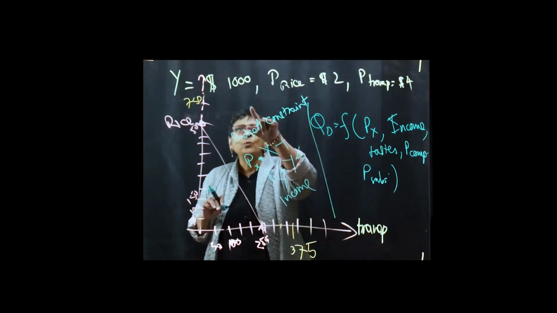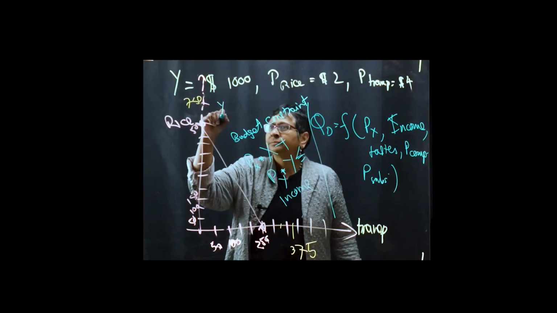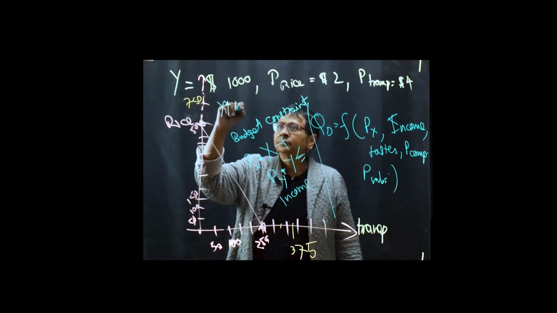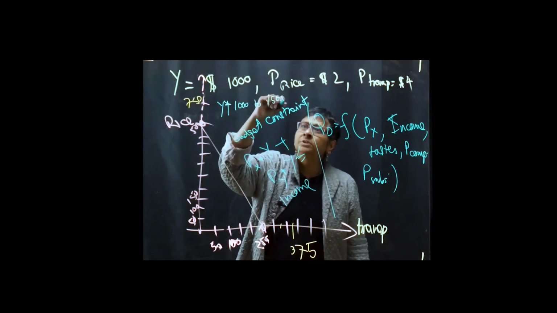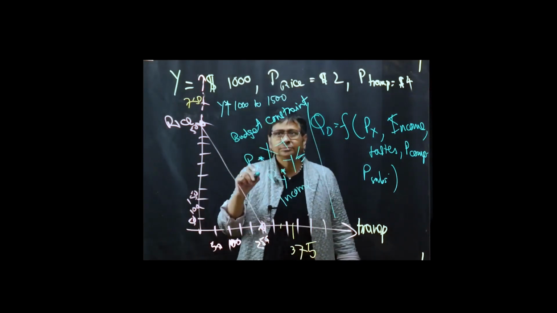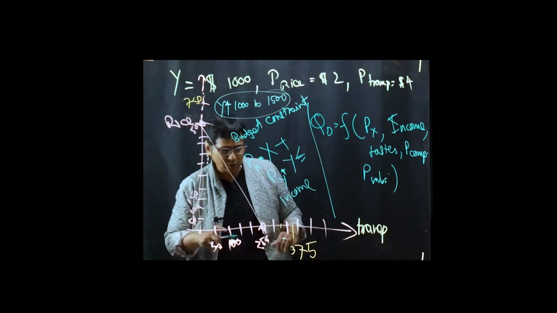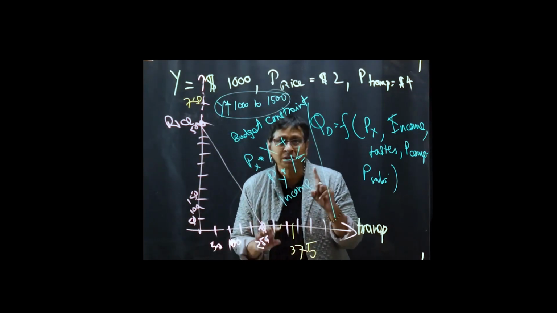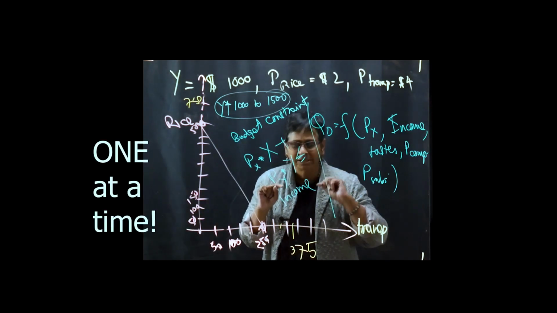Let's say your income went up from 1,000 to 1,500. Right? So your income goes up, nothing else goes up. Remember how we treat ceteris paribus, one at a time.